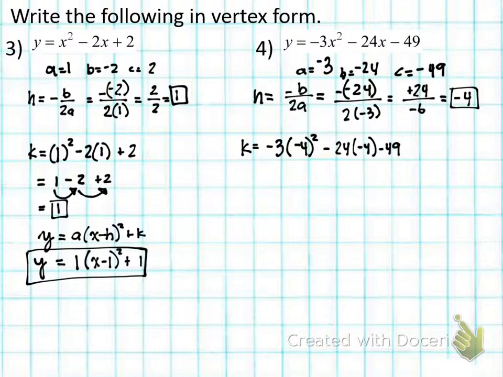Let's do one term at a time. -4 squared is 16. 16 times -3 is -48. Next one. What's -24 times -4? Positive 96, minus 49, okay?